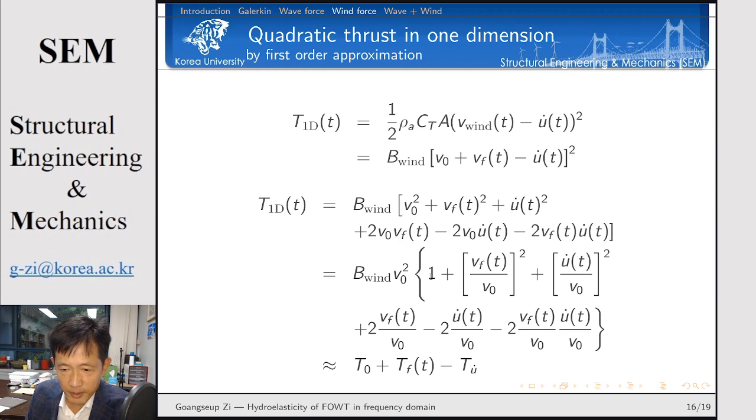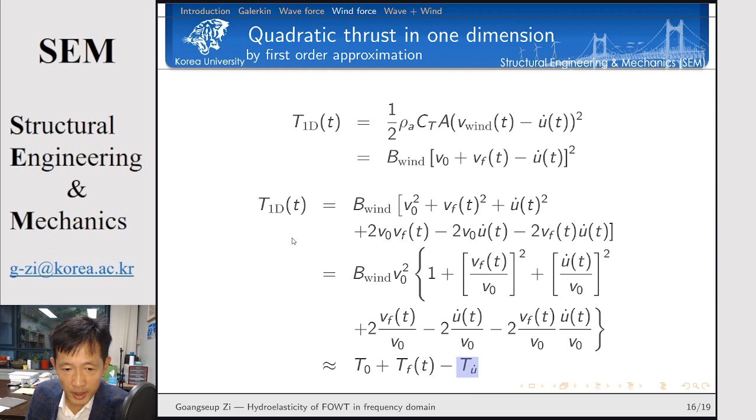Finally, we have only three different terms. The first term, and then the fourth term. The fourth term is what? The fourth term is the thrust force caused by the fluctuation of the wind with respect to the initial velocity. And then the third term is the negative thrust force caused by the displacement velocity of the structure over the initial mean velocity of the wind.